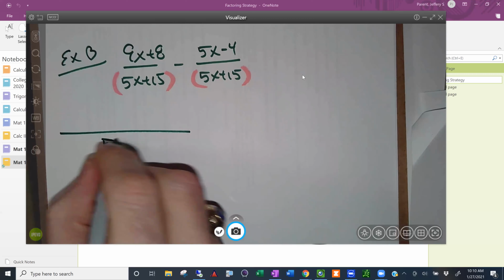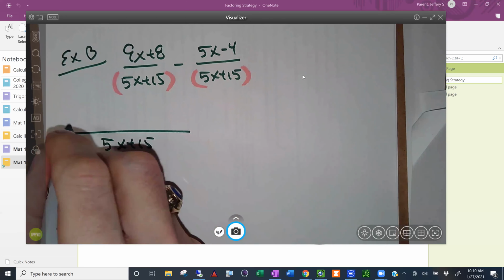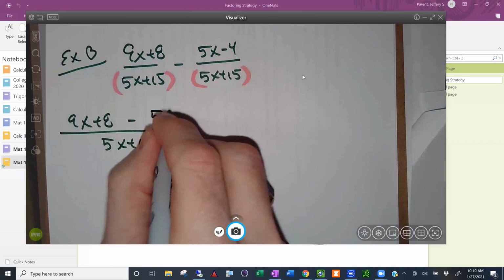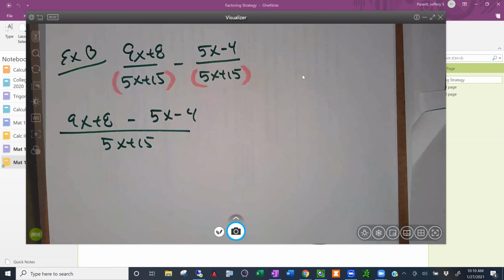So let me just write 5x plus 15 here, and then 9x plus 8 minus 5x minus 4. Except I've made a mistake. And it's hard to see. Go ahead. What's the mistake? You have to distribute the negative to the 5x minus 4. So it'd be -5x plus 4.